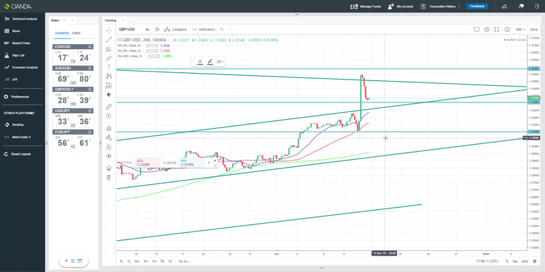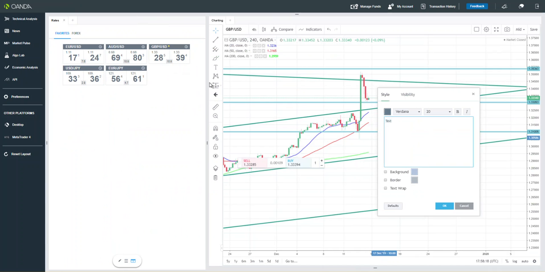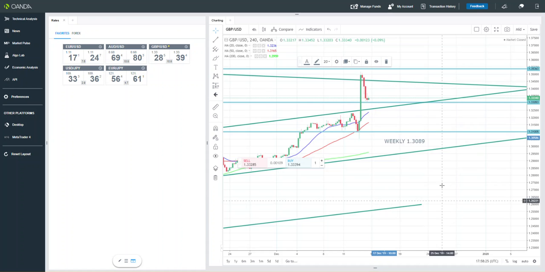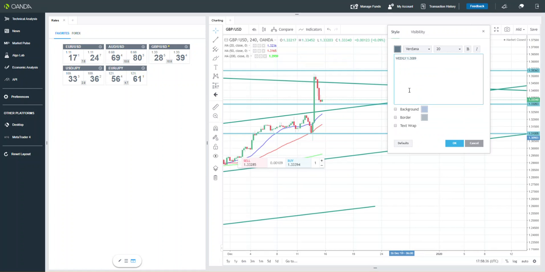Let's go ahead and place these points. So our weekly support one was 1.3089. And I like writing these out and putting these down because otherwise what happens is in the heat of the moment, I'll second guess myself and talk myself out of a trade.